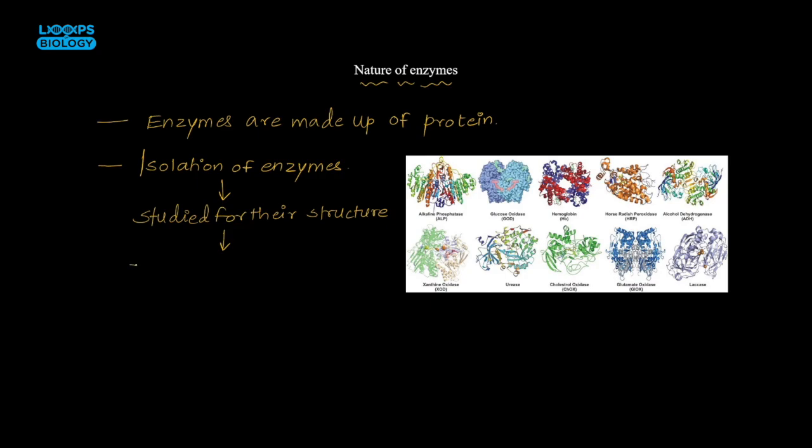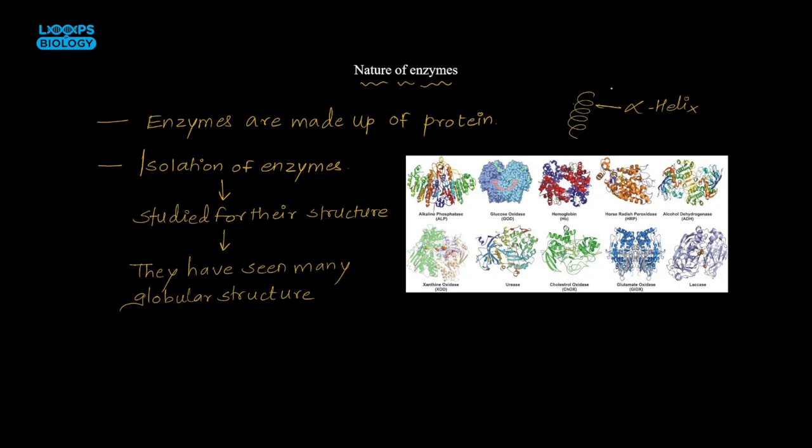They have seen many globular structures. Now, if we look into a globular structure in detail, there is a curly structure inside it, which resembles the alpha helical structure. And these curly hairs are tied by a ribbon-like sheet, which is nothing but your beta pleated sheet. Got my point? So your proteins which have secondary structures are joined together to form a globular structure.